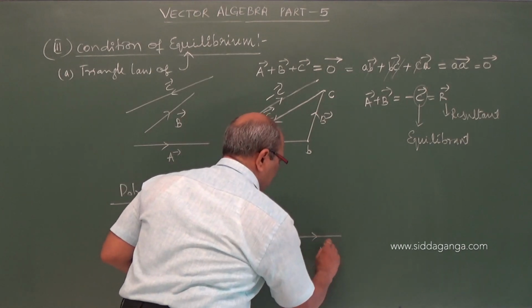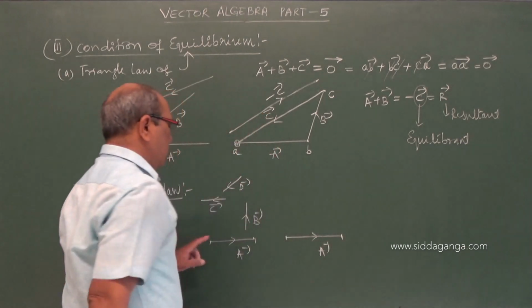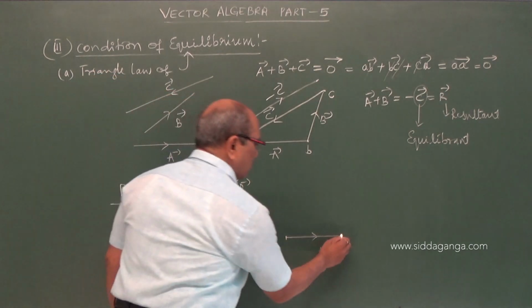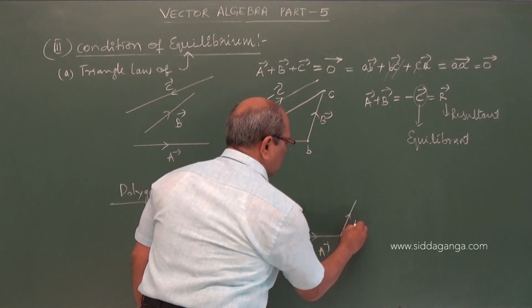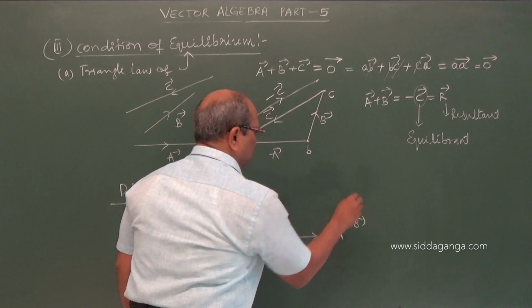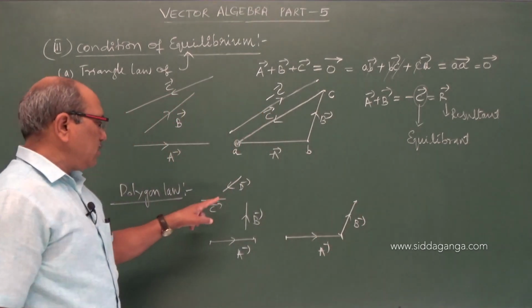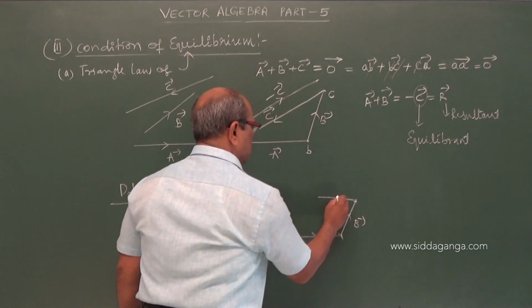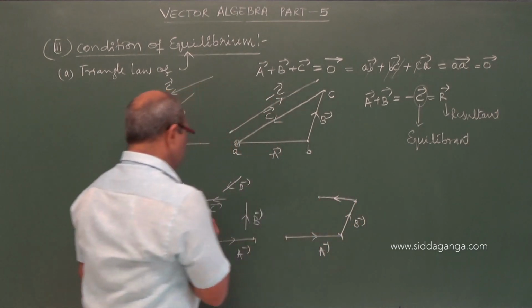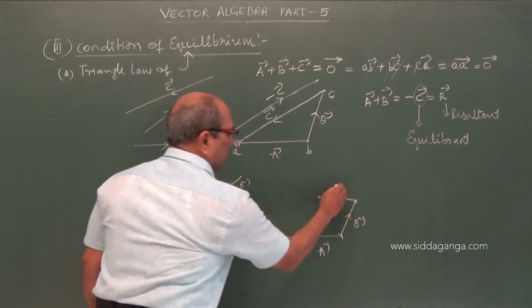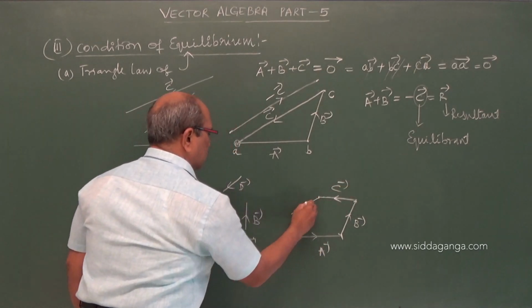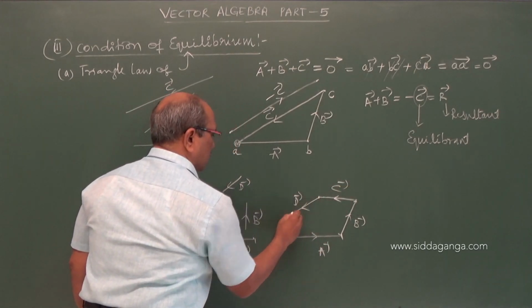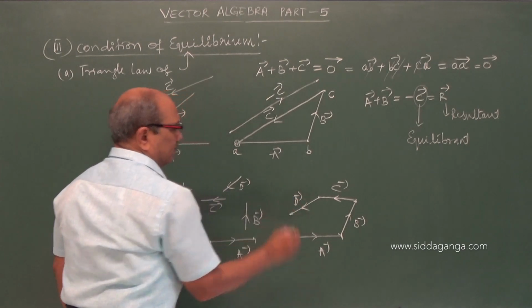A, tail to tip, join this B. Now this B, tail to tip. Then take C for example. This C tail to tip, then D, like this, D tip. Now we reached here.